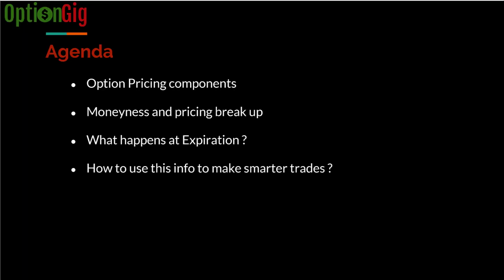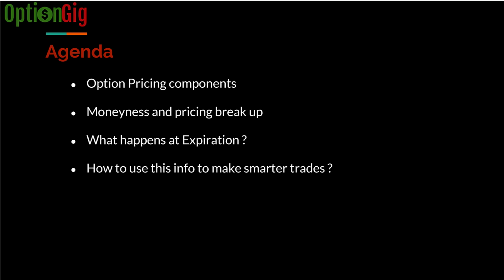All right, so this is all we're gonna cover in today's session. We'll start to understand what the components in option pricing are. Next, we'll jump on to how the value of each component changes based on the moneyness of the option contract.